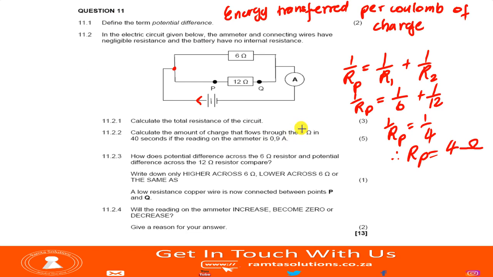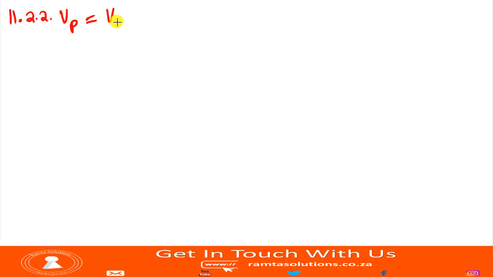We have the total current, because the reading on the ammeter is the total current, 0.9. This is option 1.